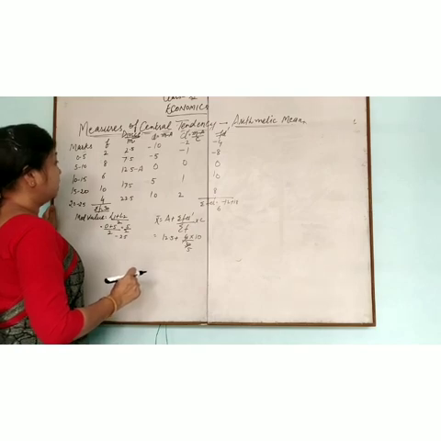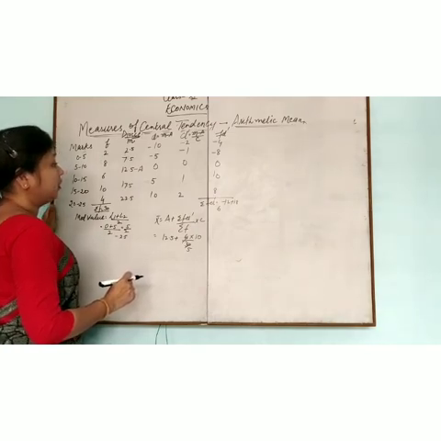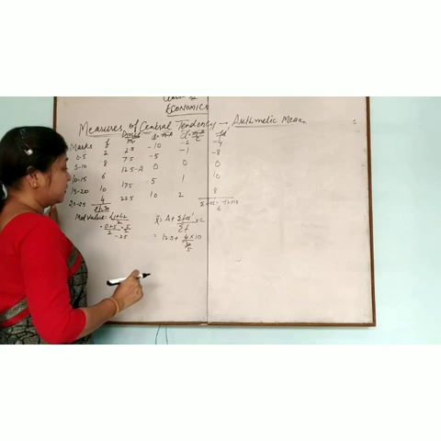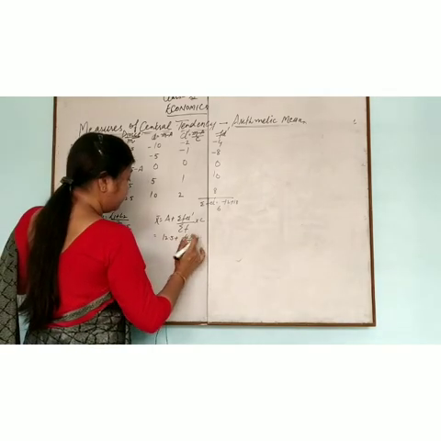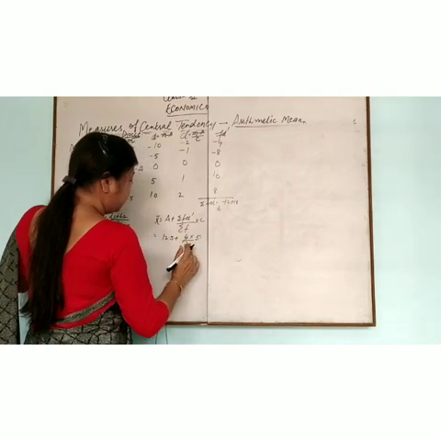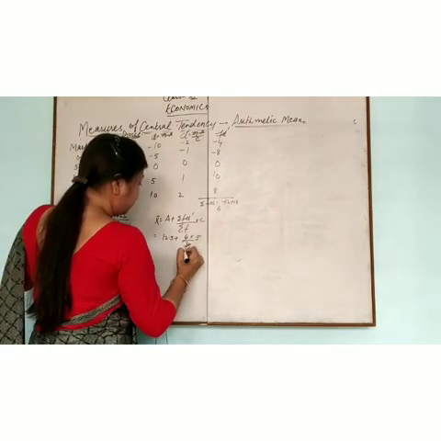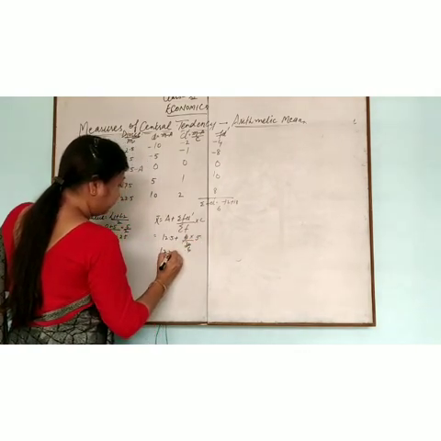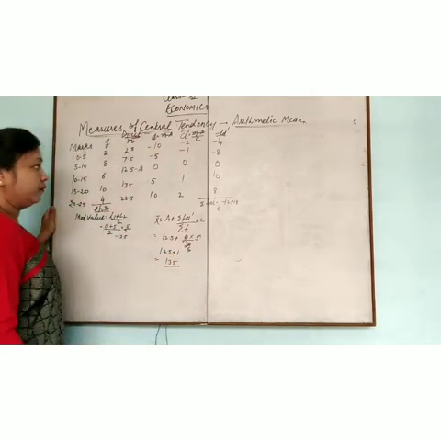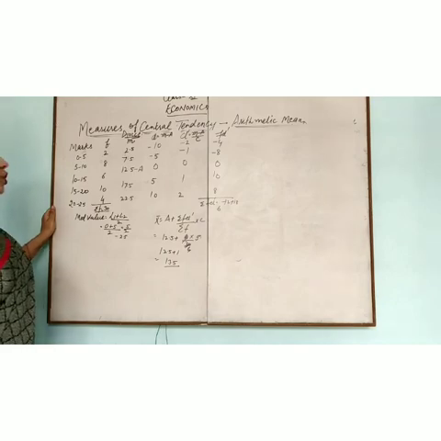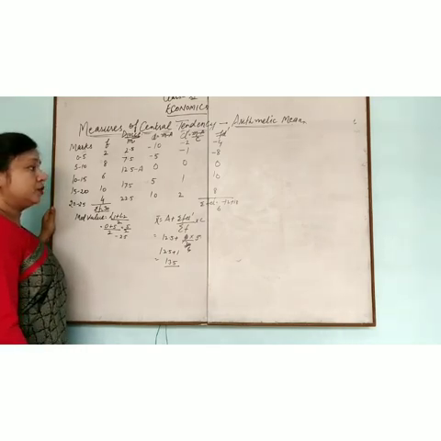The common difference is 5 here, not 10. So 6 by 30 times 5 is 1, and 12.5 plus 1 is equal to 13.5. So this is our question using the continuous series.